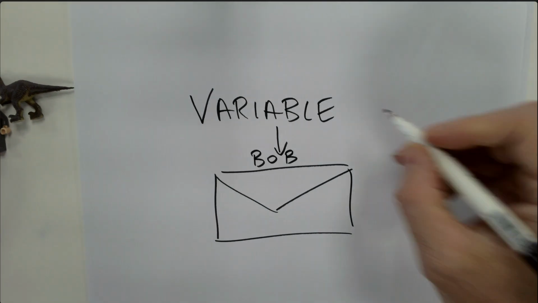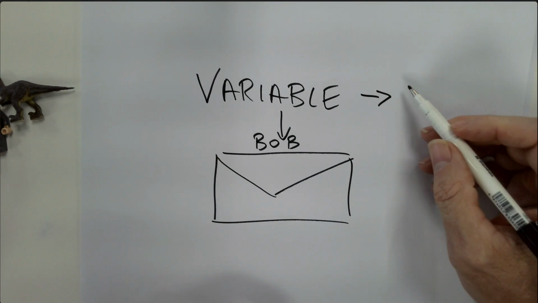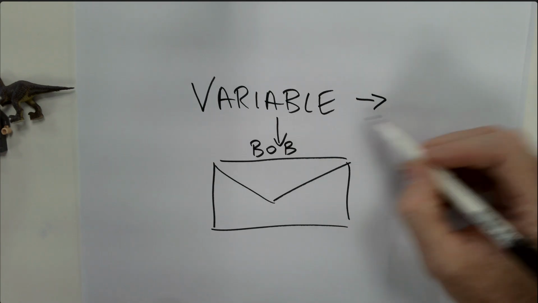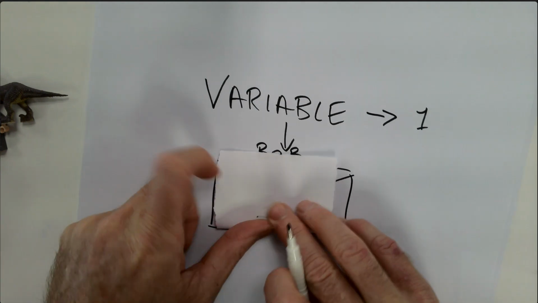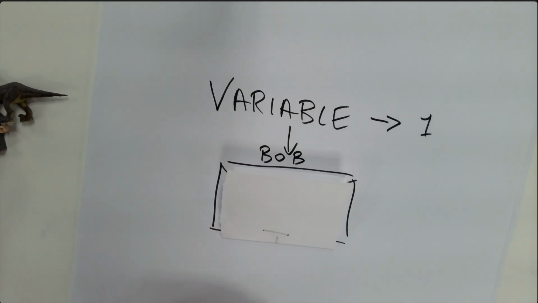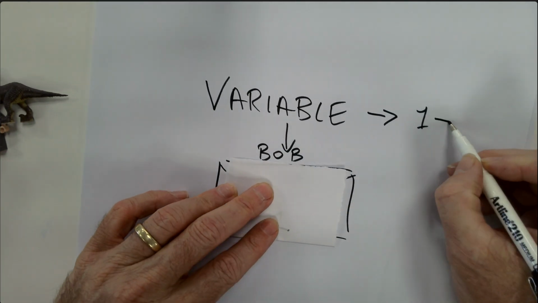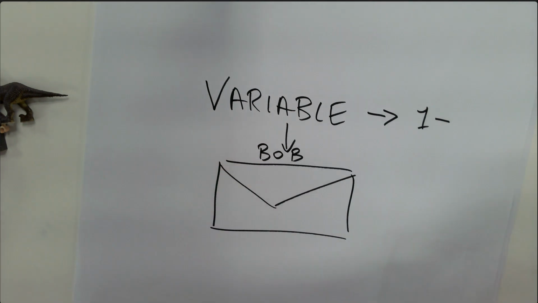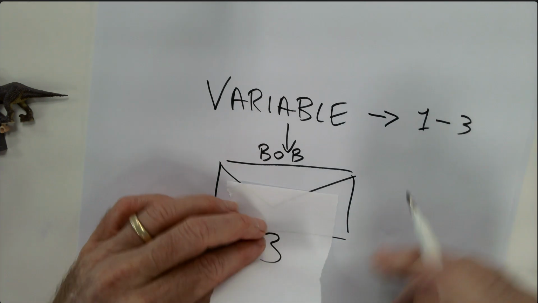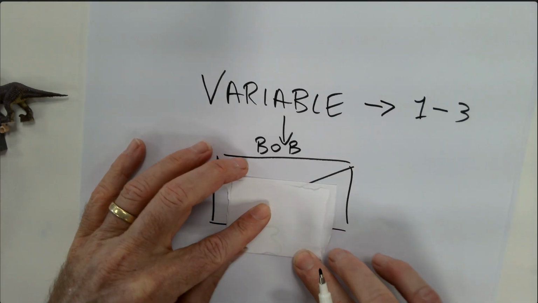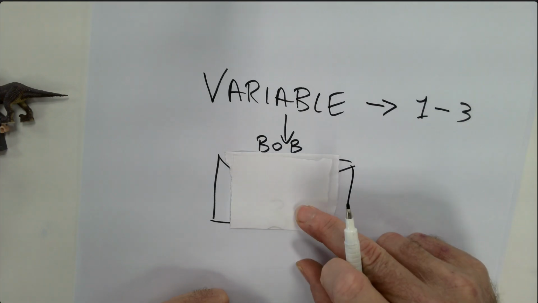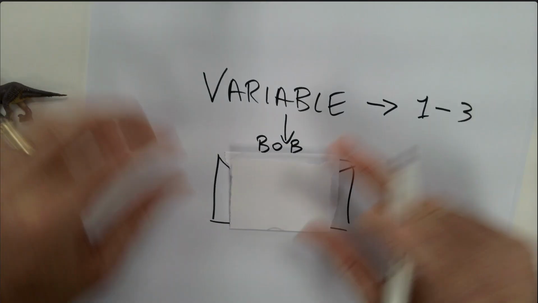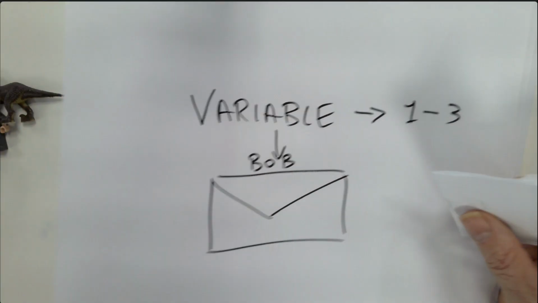I can say store in this envelope called Bob, a variable, 1. And in it goes. I can also say, take out 1 and put in the number 3. All these envelopes are variables, and all they are is envelopes which store data.